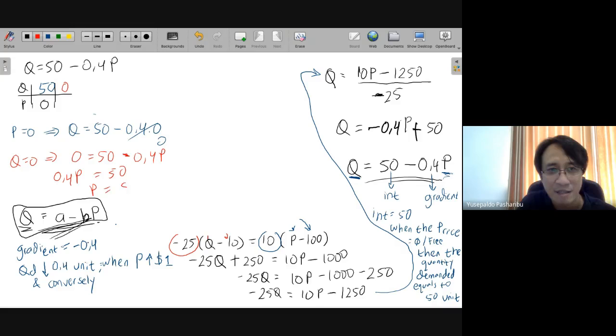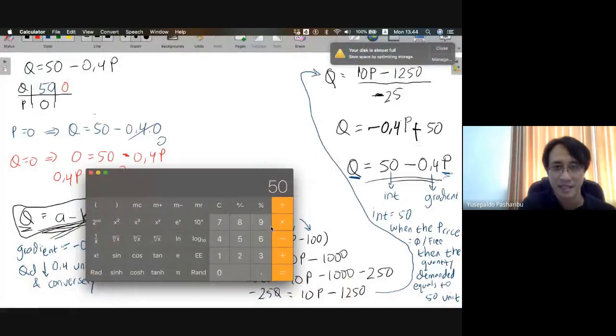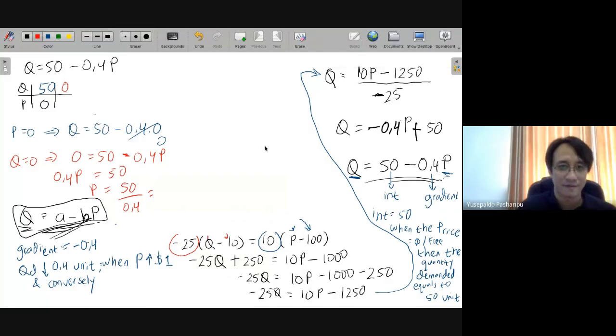So p equals to 50 divided by 0.4. 50 divided by 0.4 is 125.